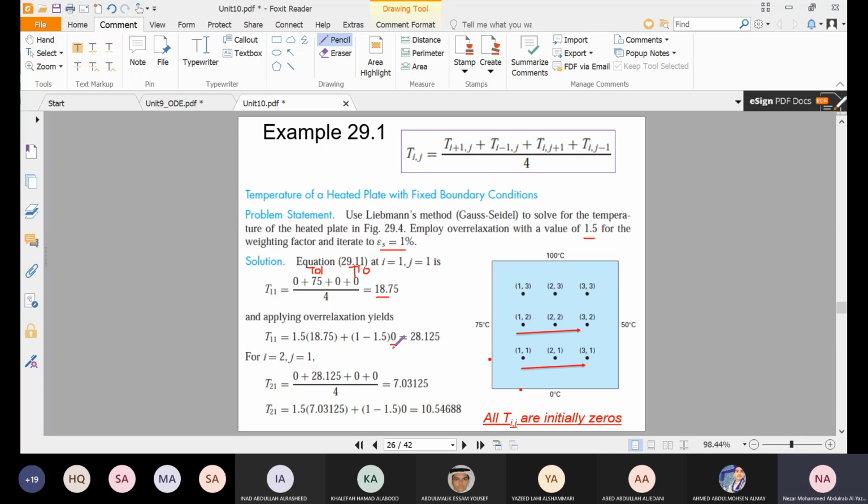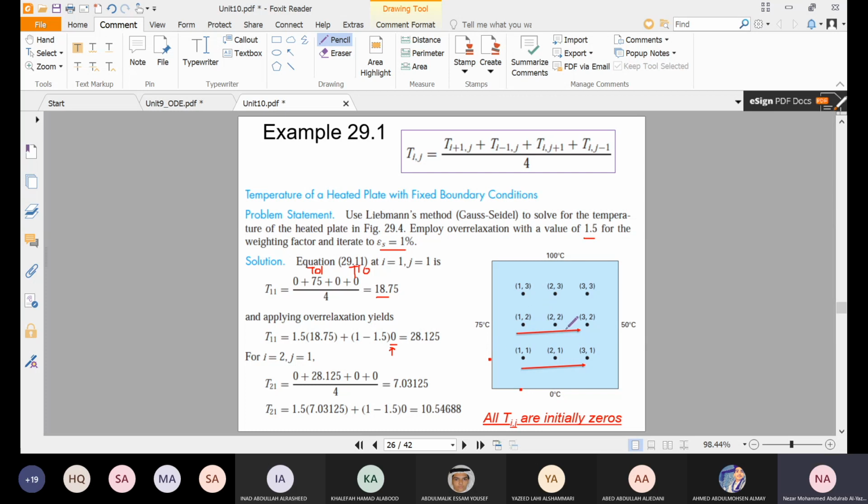The current value is equal to lambda multiplied by the new value, 18.75, plus 1 minus lambda, that is minus 0.5, multiplied by T11, the old value. The old value is 0 because the initial value is 0. So the result will be 28.12. We do the same for all the nodes.